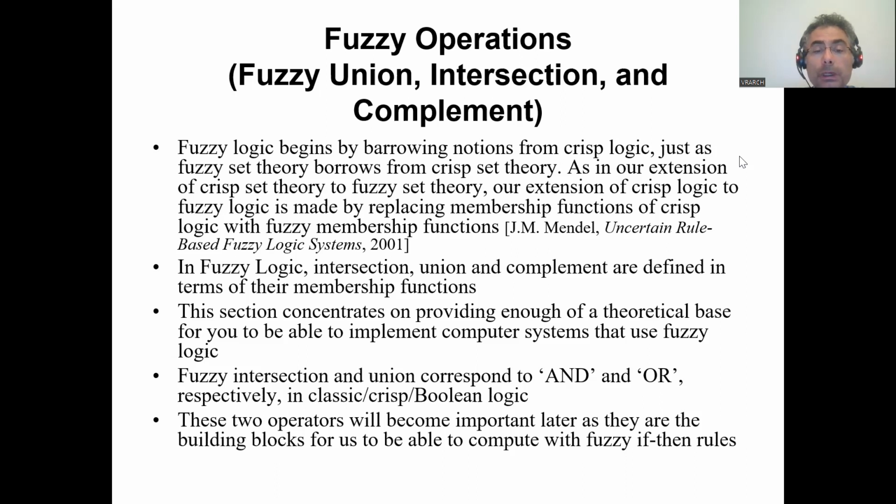These two operators will become important because they are the building blocks for computing with fuzzy if-then rules. When you start combining all these different parameters, membership functions, and terminology using fuzzy if-then rules, intersection and union will be used to combine these.